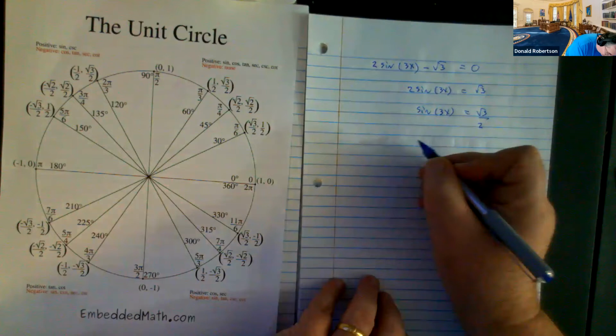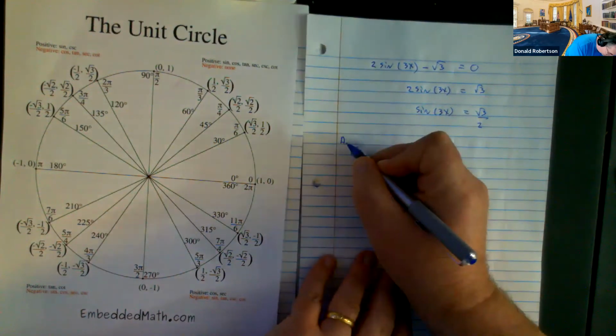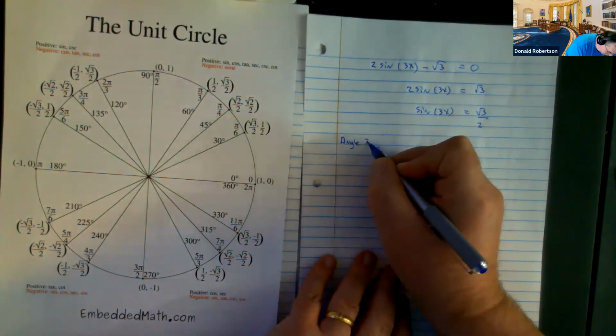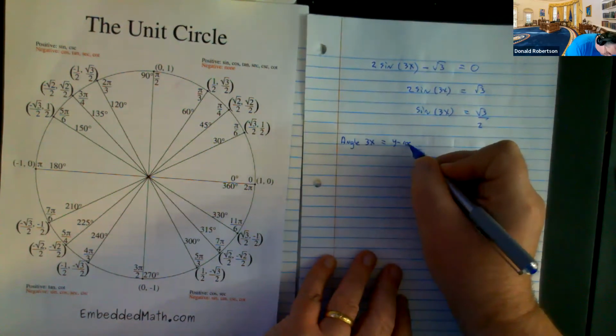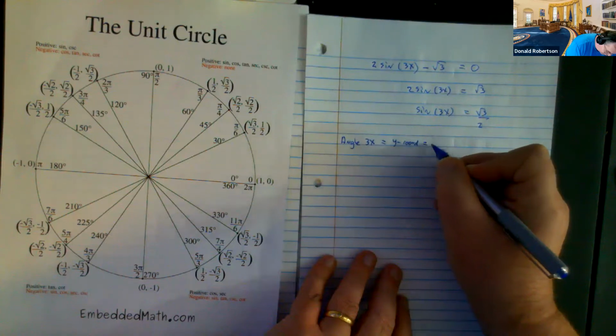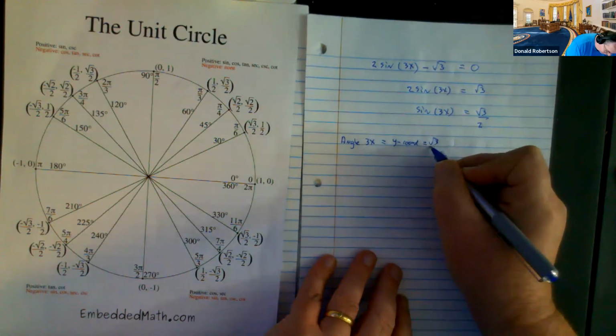And so I am going to be looking for an angle called 3x that has the property that its y coordinate is equal to root 3 upon 2, right?